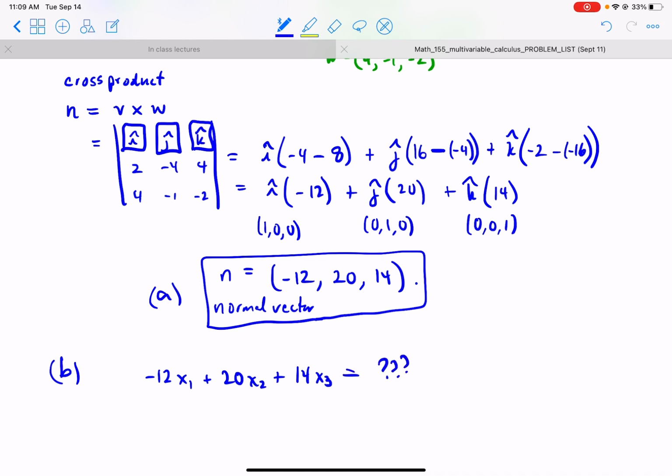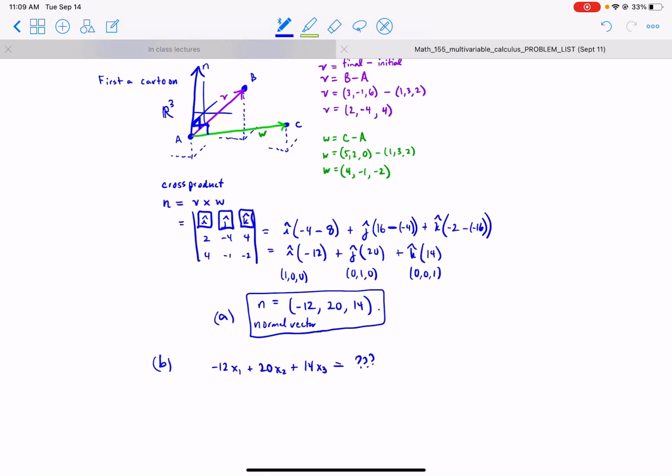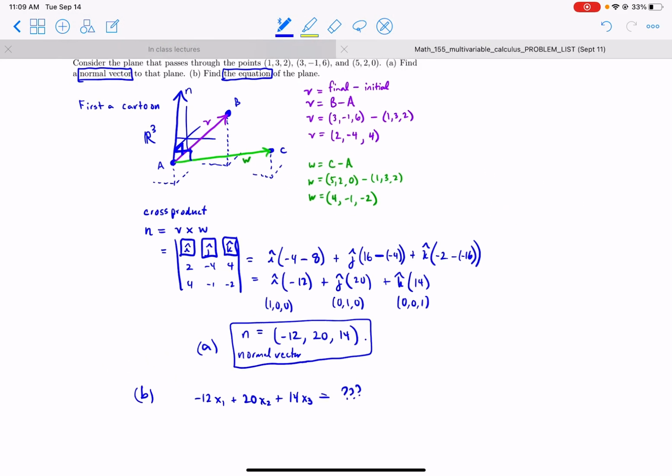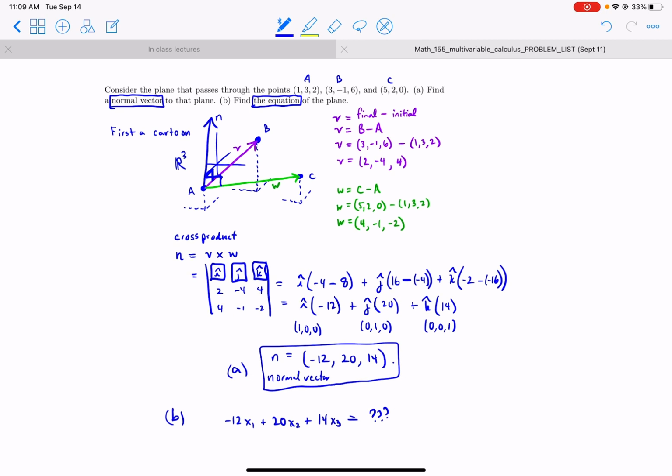And the question is, what number? We don't know, just knowing the normal vector to a plane only gives us the tilt of the plane. It doesn't tell us how far off the origin we are. But we know that there's 3 points on the plane.